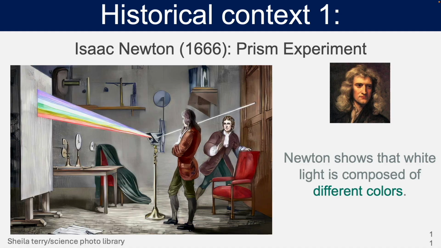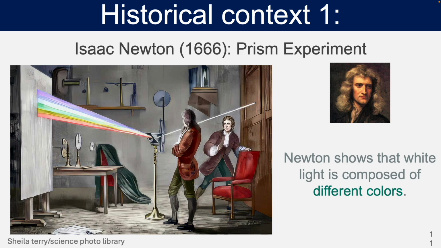Imagine the year 1666. Isaac Newton darkens his room, makes a small hole in the window shutter, and lets a narrow beam of sunlight in. He places a prism in its path, and suddenly the white light bursts into a rainbow of colors across the wall. This was revolutionary. Until then, most people believed that white light was pure and that the prism somehow created the colors.